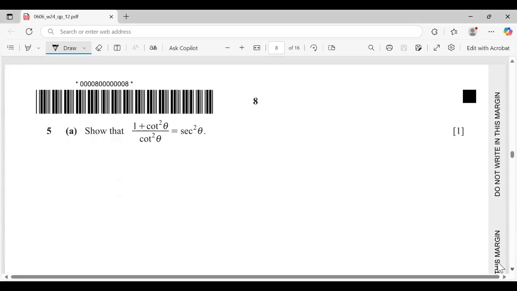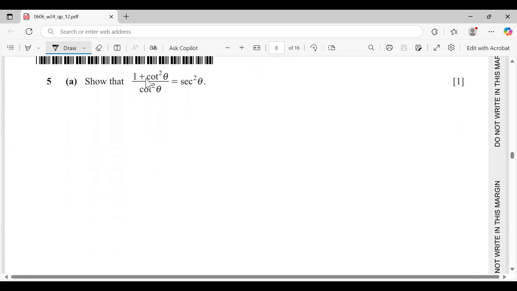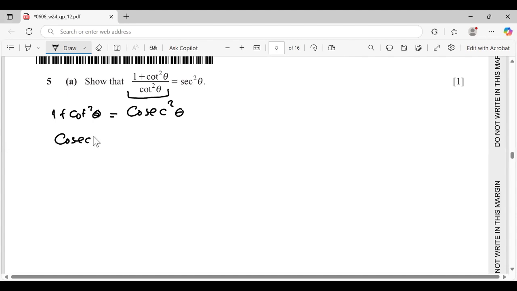Number 5, show that (1 plus cotangent squared theta) over cotangent squared theta equals secant squared theta. 1 plus cotangent squared theta is cosecant squared theta. So this expression we can write as cosecant squared theta over cotangent squared theta.